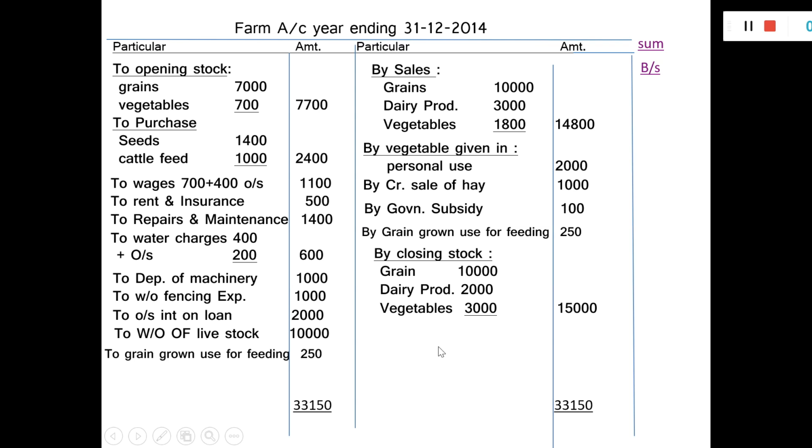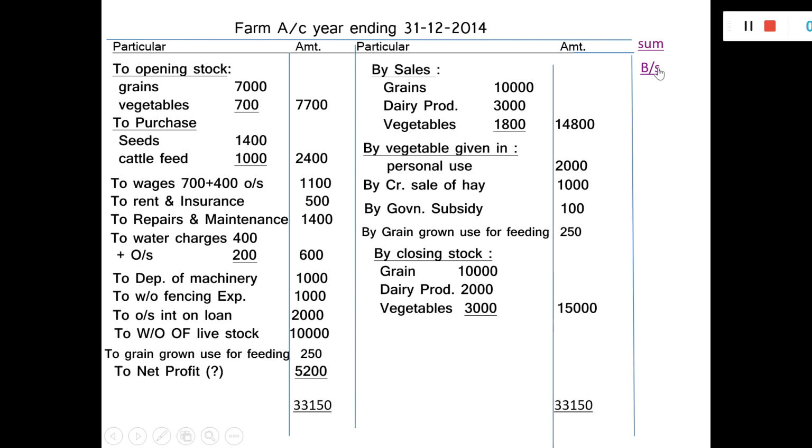We will find out the missing amount, 5,200. It is the amount of net profit. So profit will be added in the capital in the balance sheet.